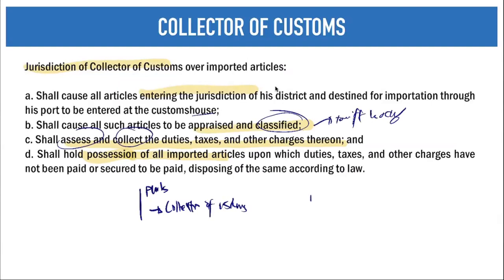So actually, the first step is to classify, and the next step is to value the total articles. Okay? So that's how the collector of customs works. But of course, it is not the collector of customs who does this work. It is already delegated to the different customs warehouses.